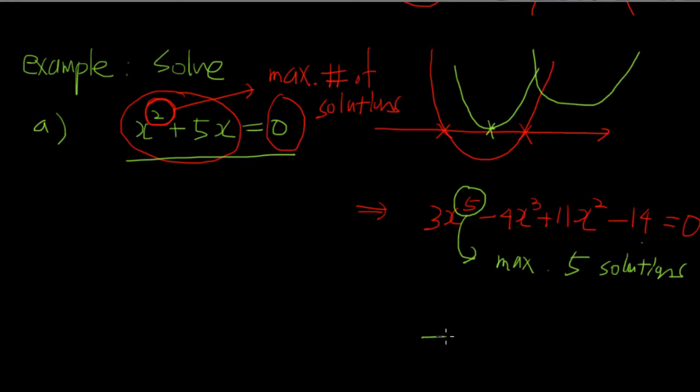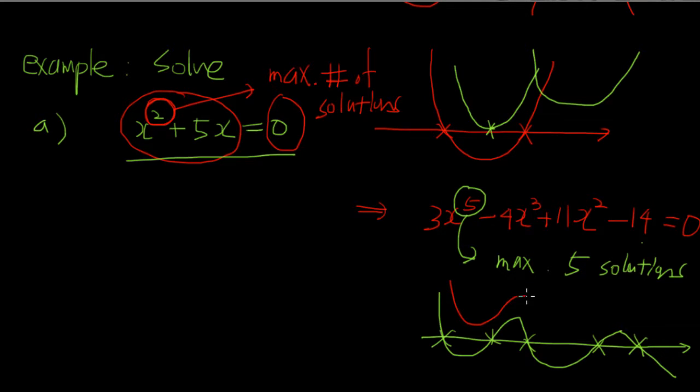Now, if this is the x line, we have 1, 2, 3, 4, 5. We could have a line that looks like this. Then we have 5 solutions. But we could also have a line that looks like this.